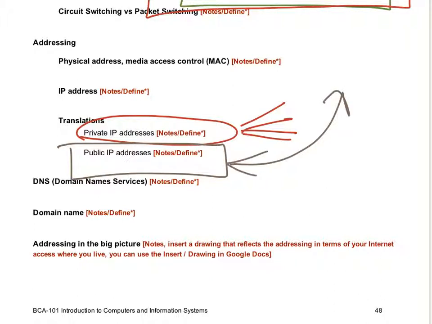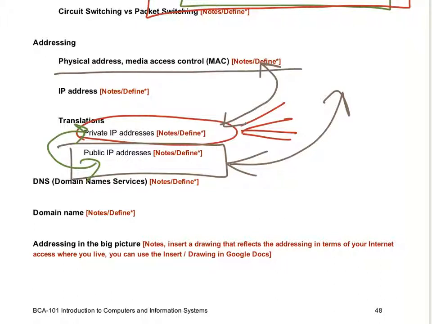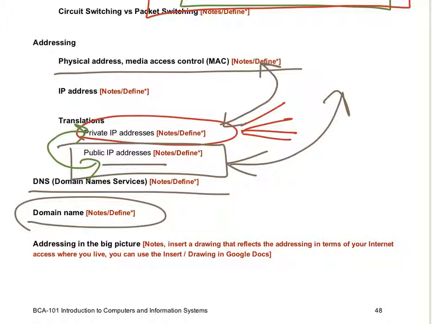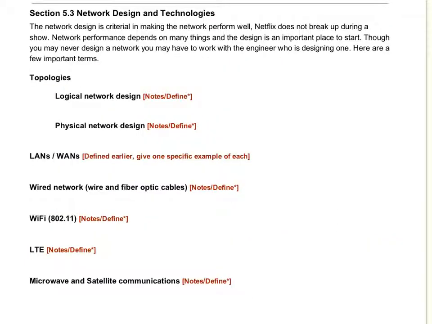It comes back and it matches that public address up to your private address, and then your private IP address matches up with the MAC address of your particular device. So it comes back to you. Okay, rather than remember IP addresses, we can use domain names and domain name services to do that. All right.